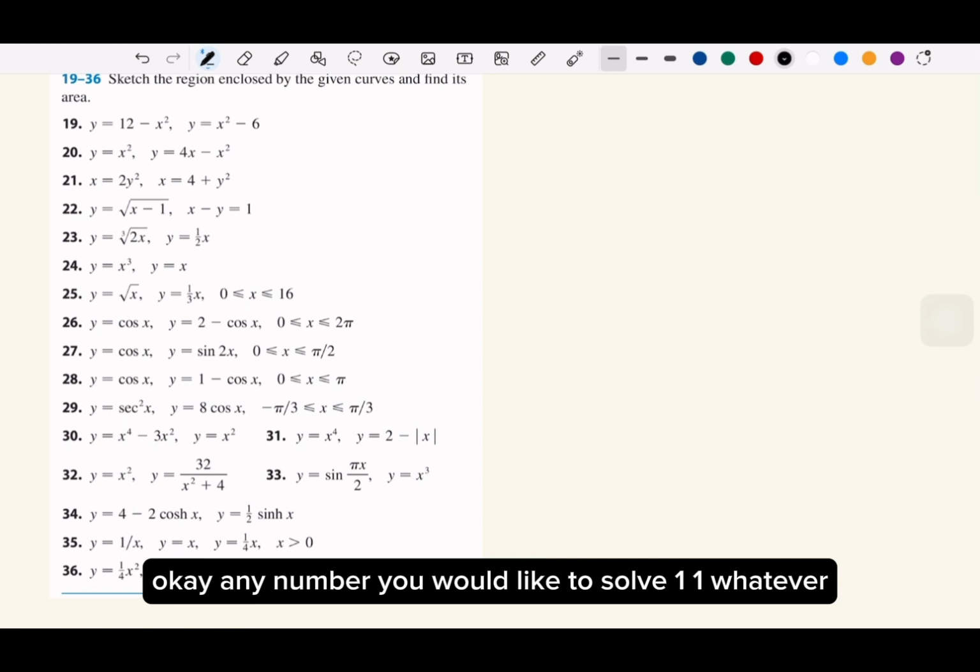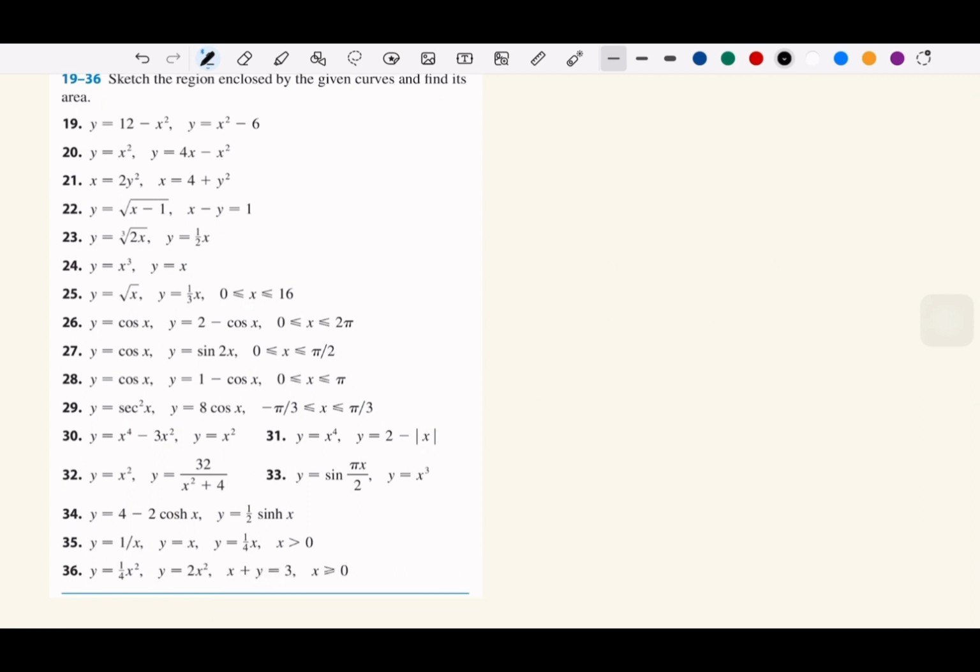One number? Any? No? We solve it together. 23? 25. Oh, 29? 25. Oh, this is interesting. 25. 25? Yes. Maybe 25.